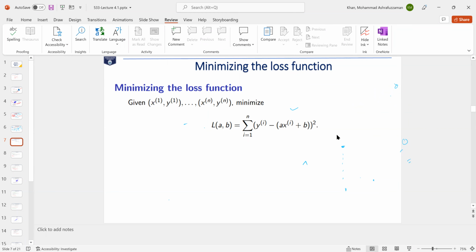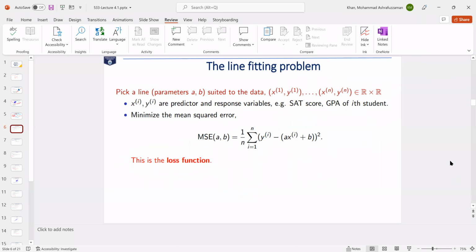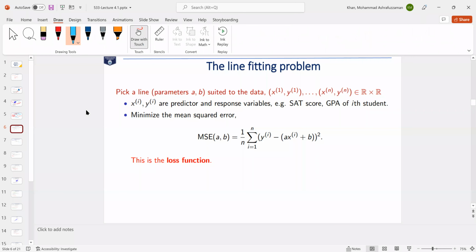So we need squared error because, let me discuss it here. So here, this is coming from the model.